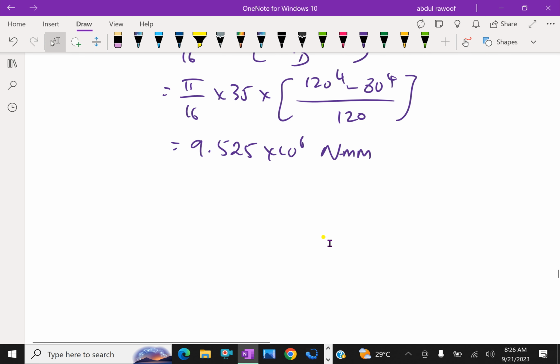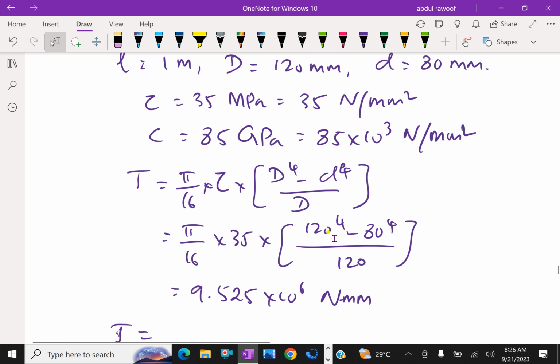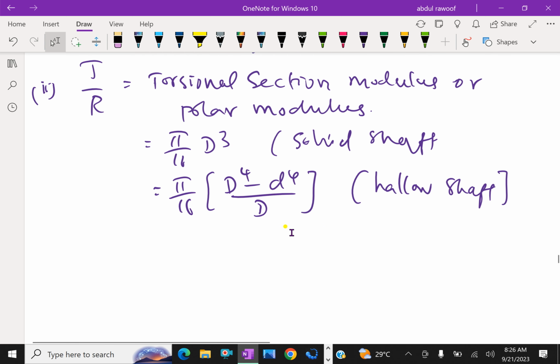Next, J, the polar section modulus, we are calculating.